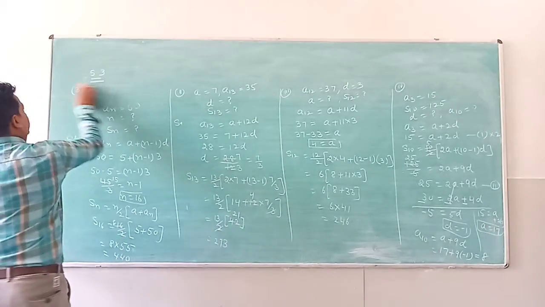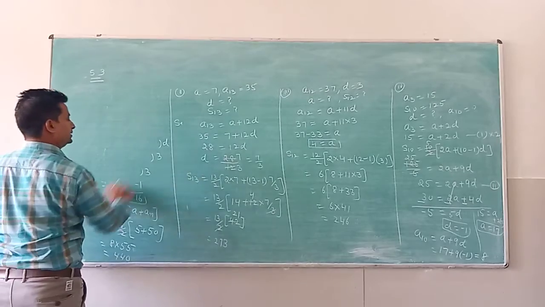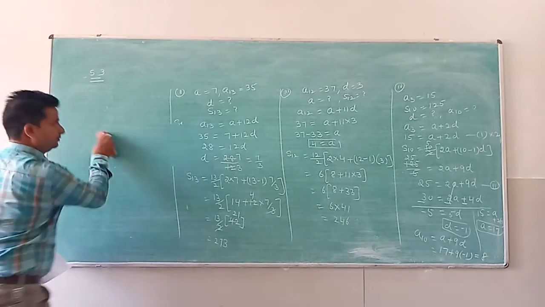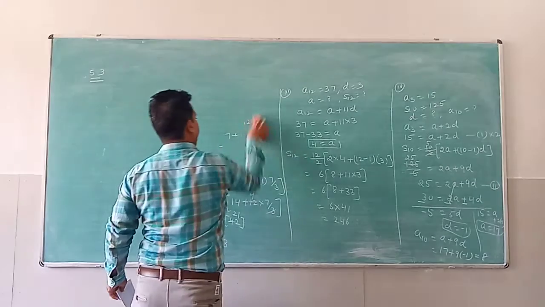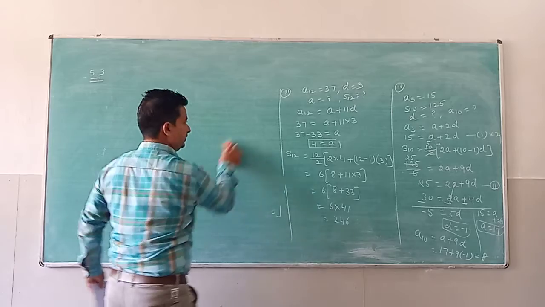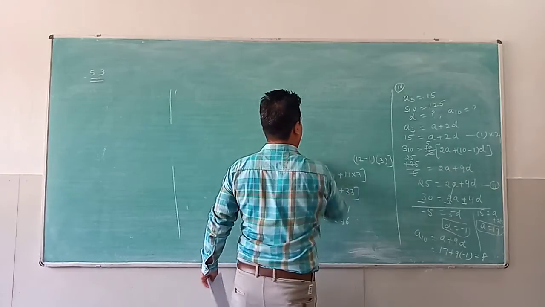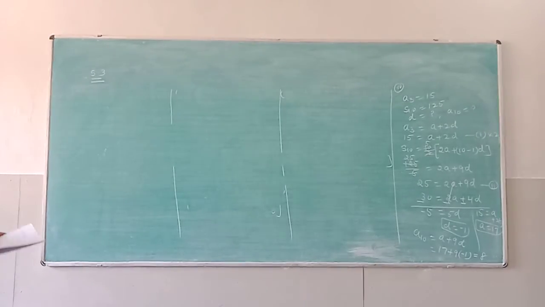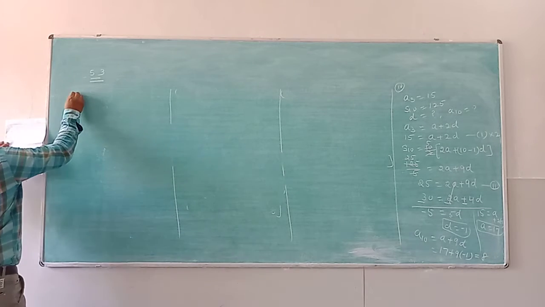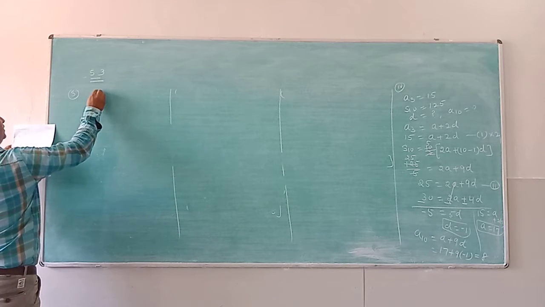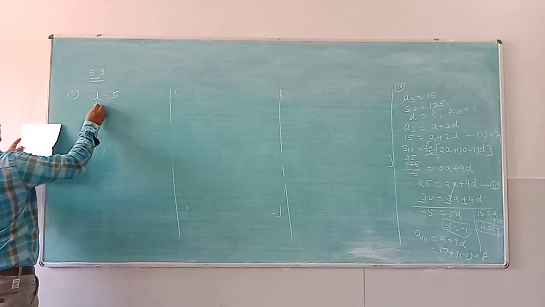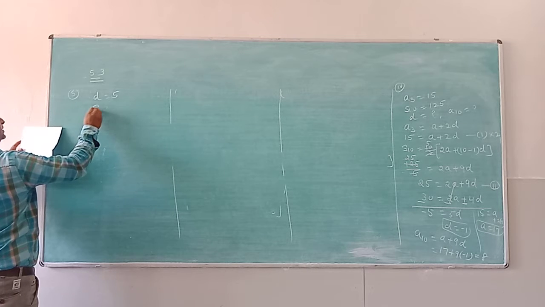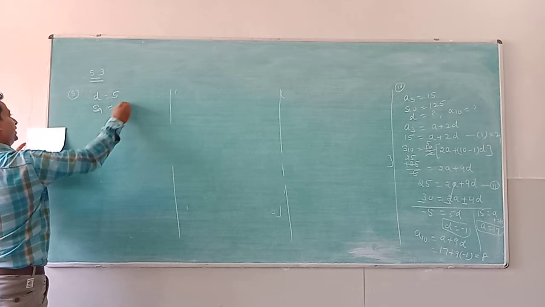In question number 5, the statement is d is equal to 5, S9 equals 75.